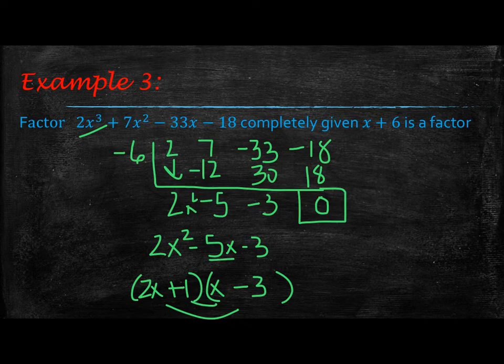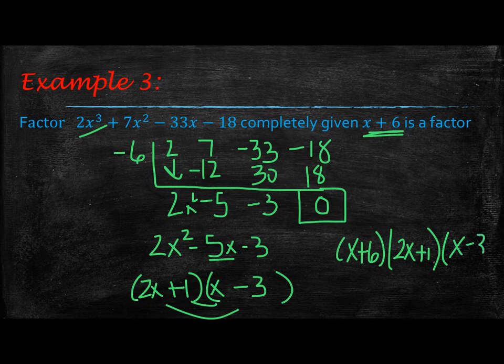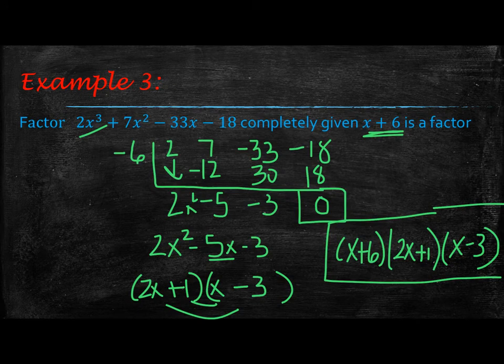So the factors of this polynomial are the original factor, x plus 6, but also 2x plus 1 and x minus 3. This helps you go a little bit faster, because you can synthetically divide to get it down to the other polynomial that needs to be factored.